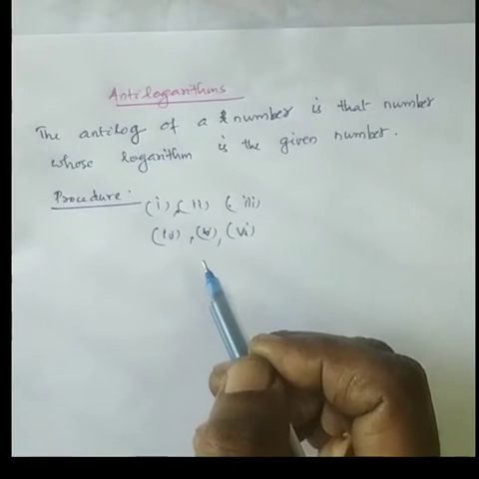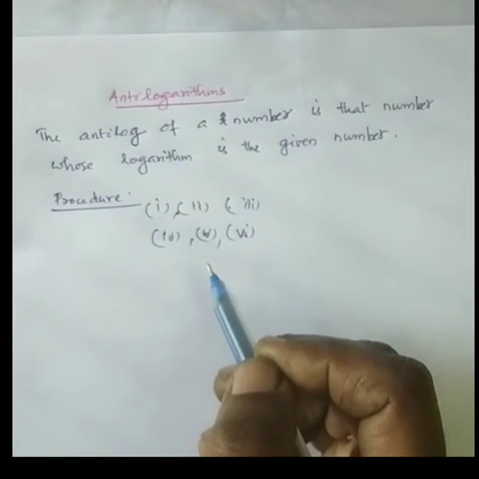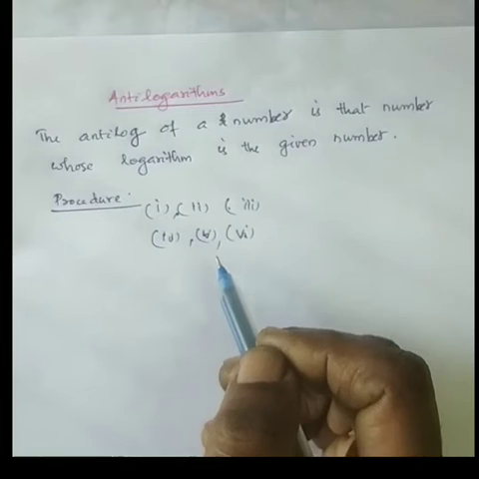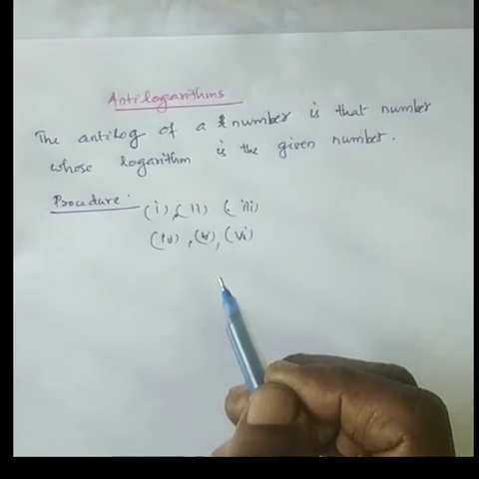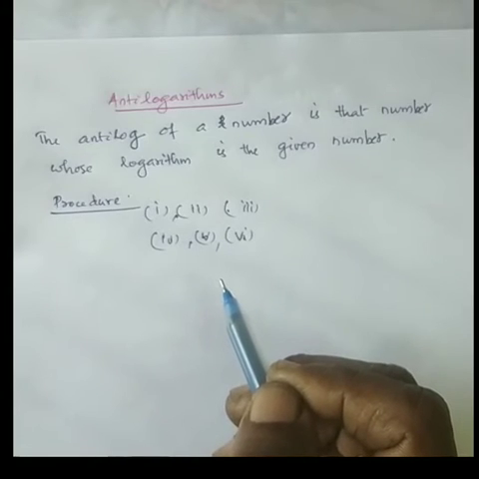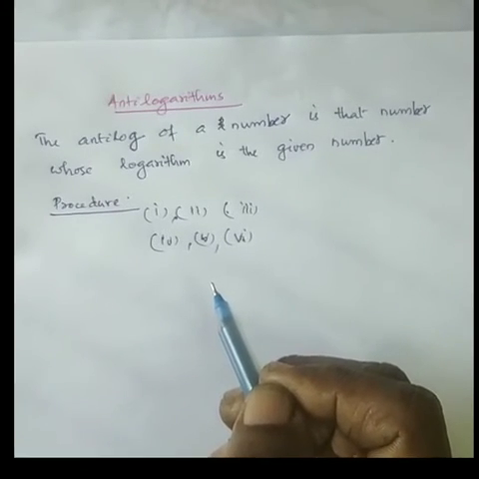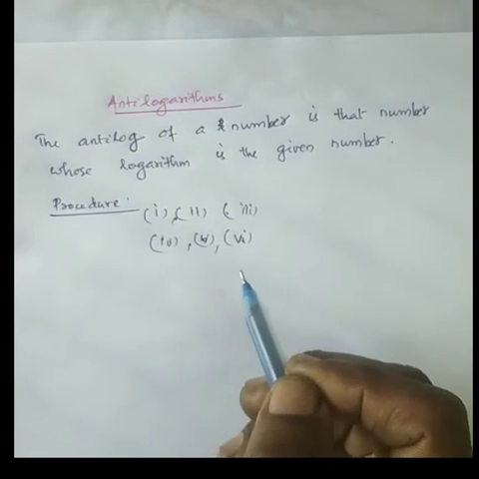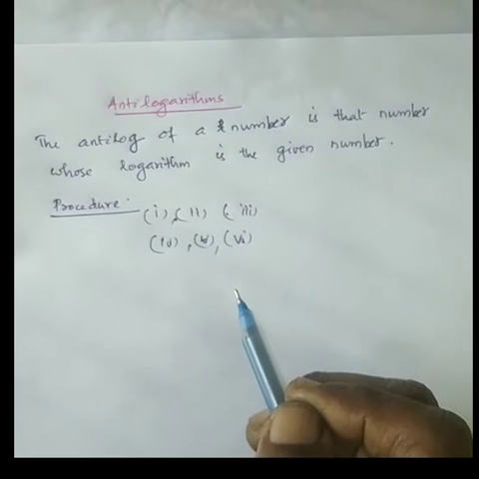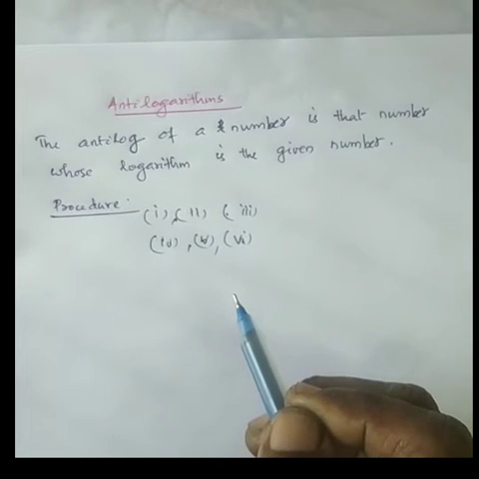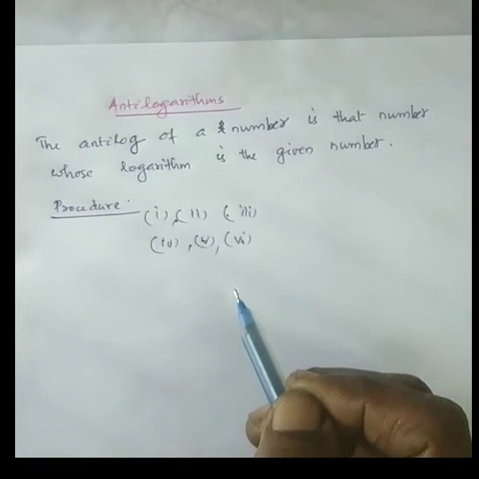Second condition, if the characteristic is -1 or 1 bar, in this case adding 1 we get 0. Thus the number will start from the decimal point. And the third condition is if the characteristic is negative and more than -1, in this case the number of zeros just after the decimal point will be 1 less than the characteristic. Now see some examples.